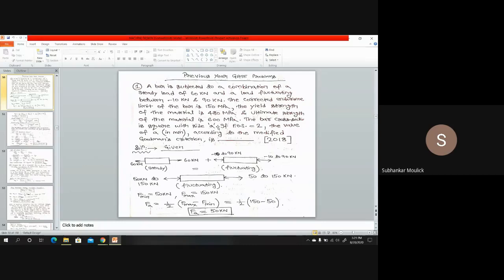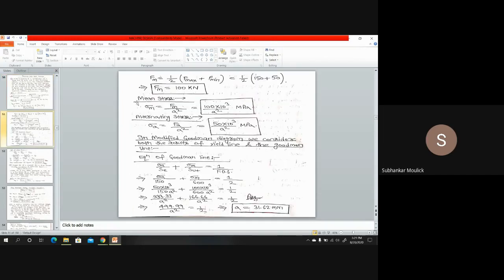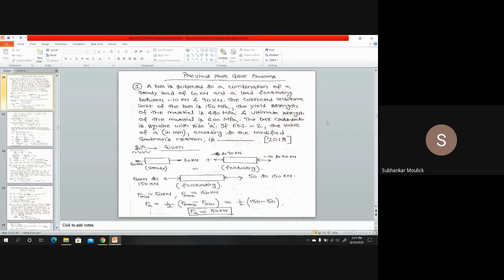Can you hear me? Yes, sir. So can you tell me the corrected endurance limit of the bar is which value? This corrected endurance limit of the bar is nothing but SE. SE is given to you. That is corrected endurance limit.